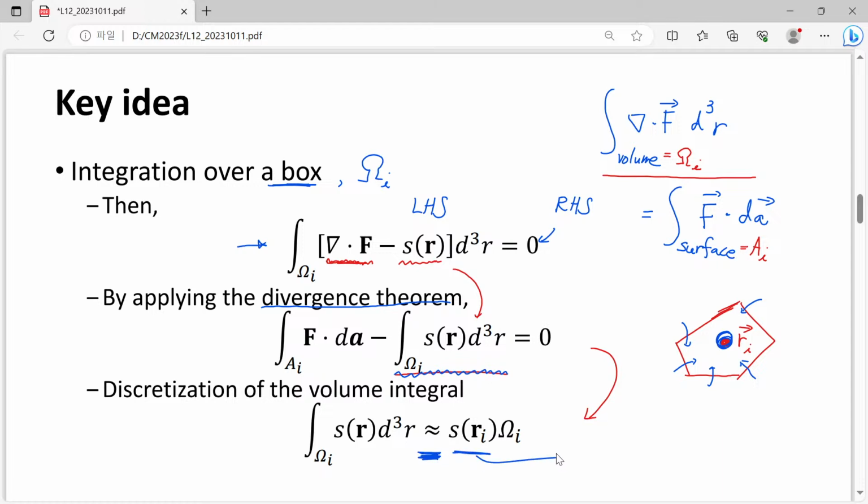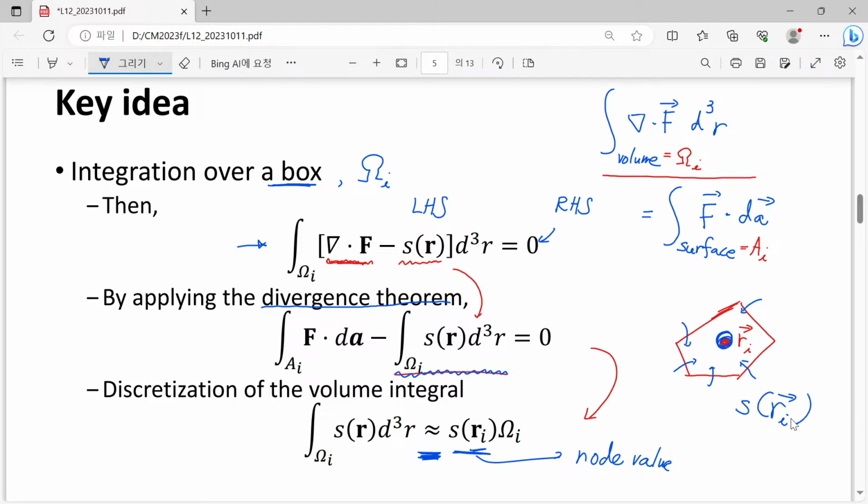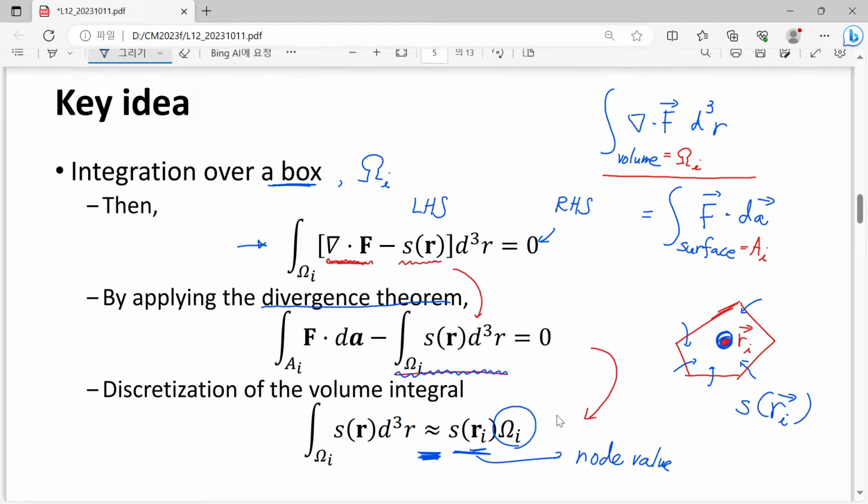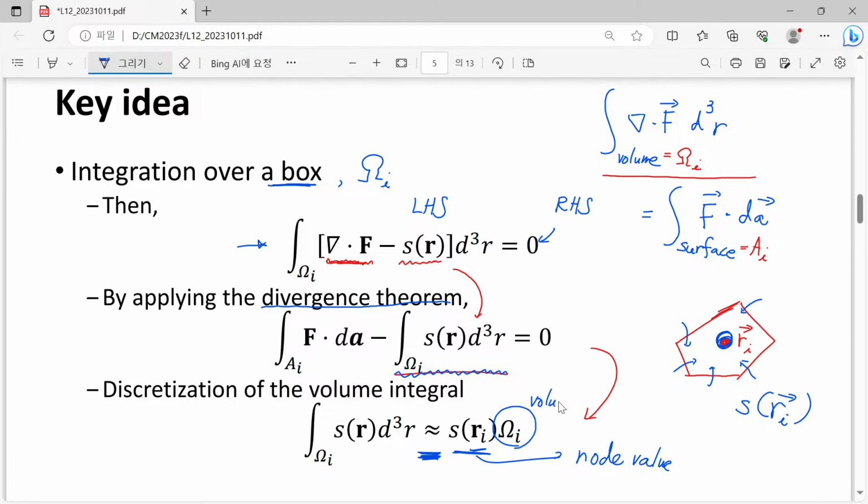Take the node value. Yes, now we know S defined at node R sub I, then multiply the area or volume, actually the volume of our integral domain.